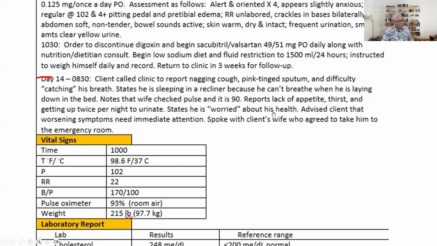States he is worried about his health. Advise client that worsening symptoms need immediate attention. Spoke with client's wife who agreed to take him to the emergency room. Okay, so that is the present time on day 14.